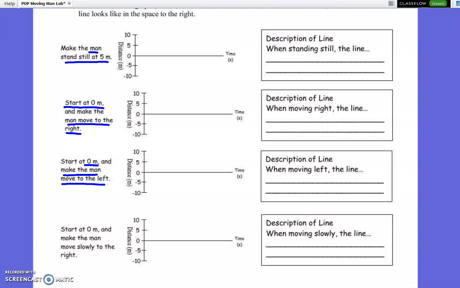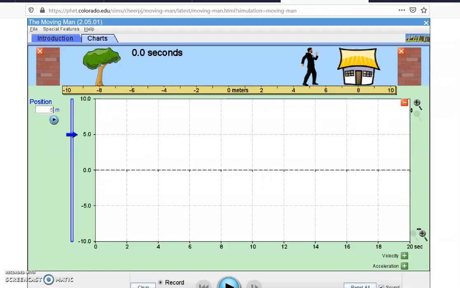Okay, so at this point you should have all your predictions made. Now the first one, we're going to make the man simply stand still at the 5 meter mark. So if we go to the actual graph here, we're going to have the man start at a position of 5 meters, and we're just going to let him stand there for the entire duration of this situation.